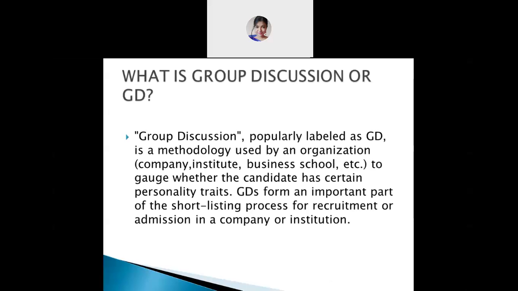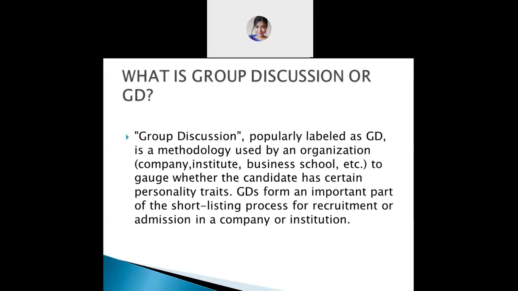Nowadays, group discussion has become an important part of the shortlisting process for recruitment as well as for admission. Recruitment means for jobs.